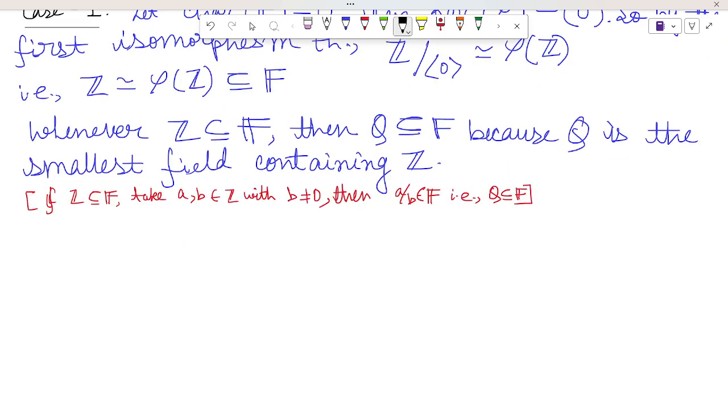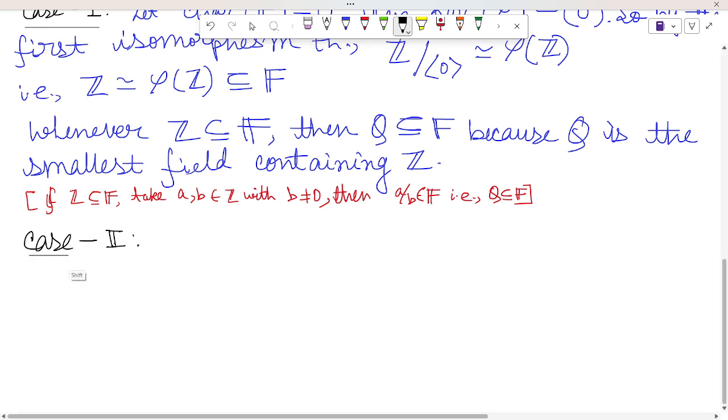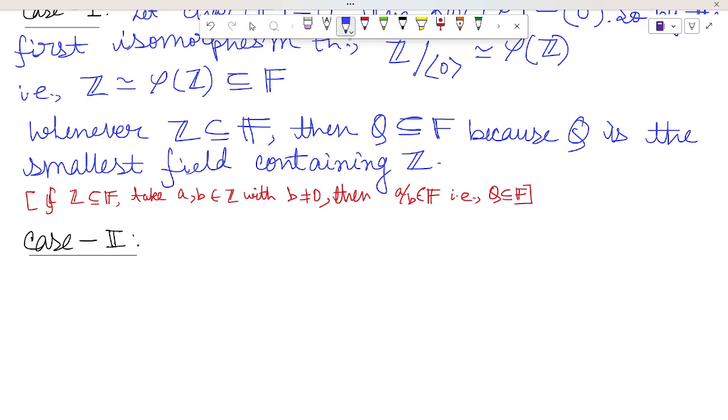Next, what happens if the characteristic of F is p? The characteristic of F is a prime number.